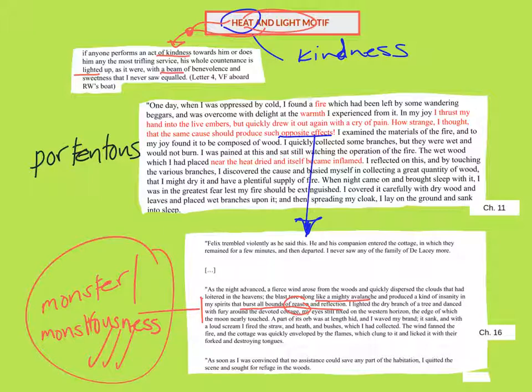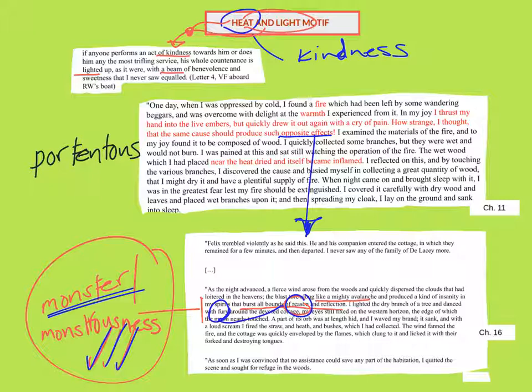"I lighted the dry branch of a tree and danced with fury around the devoted cottage." So the monster that Victor has labelled the creature as since its moment of birth and its awakening, it's become true.